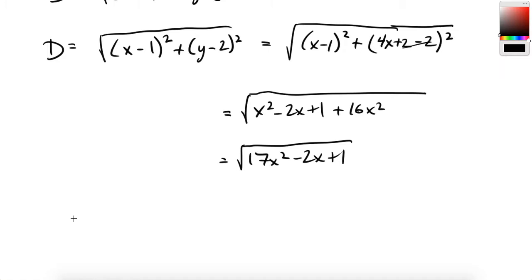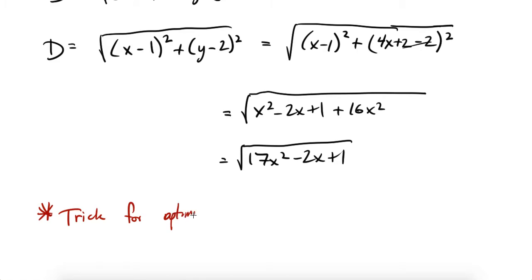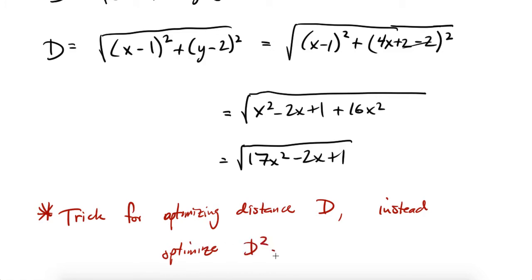Maybe I'll put it in a new color pen, because this is sort of an aside that's more generally true. So this is a trick specifically for optimizing distance. If you want to optimize distance, instead optimize distance squared.